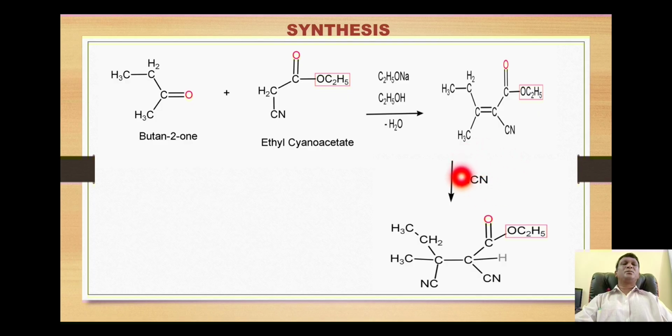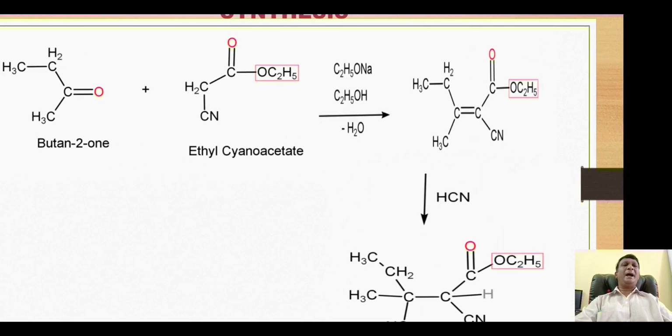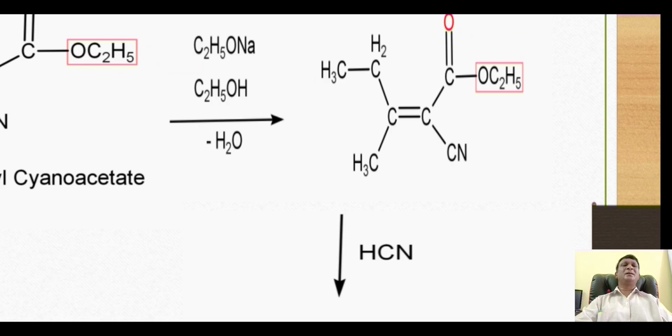From hydrogen cyanide we have the nucleophile CN-. So this derivative undergoes nucleophilic addition reaction, and the nucleophilic addition takes place in such a way that this nucleophile, the cyanide CN minus group, will go on to the beta carbon, while the hydrogen as H plus ion will go to the alpha carbon.